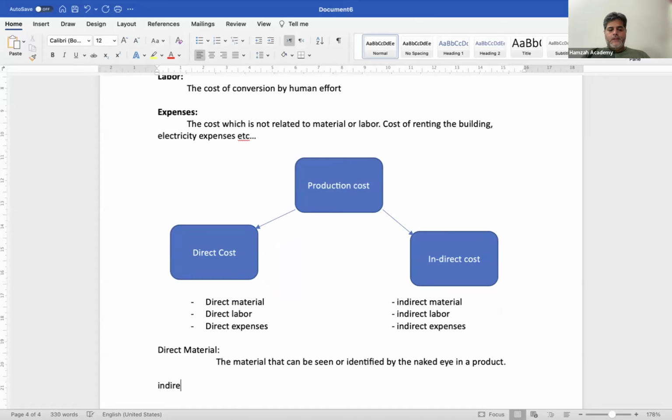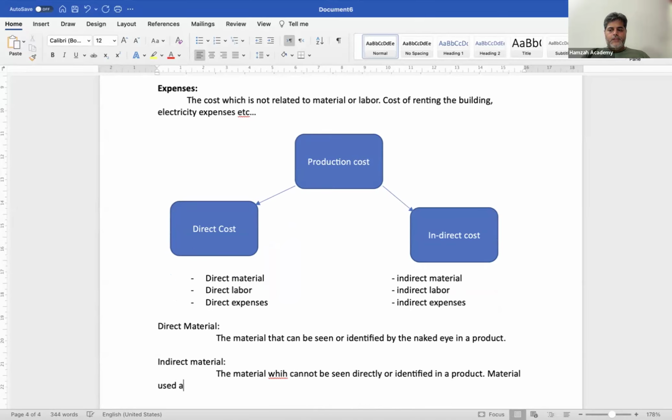Then we have indirect material as well. The material which cannot be seen directly or identified in a product. Material used as a support, or not used directly in a product, is called indirect material.